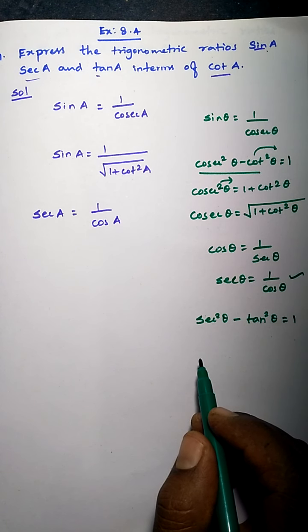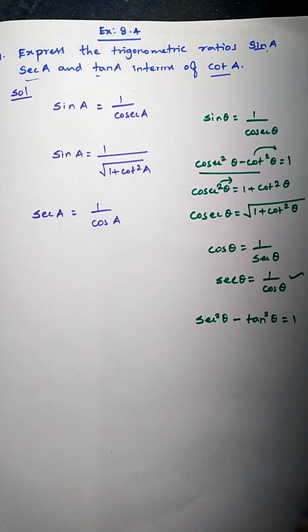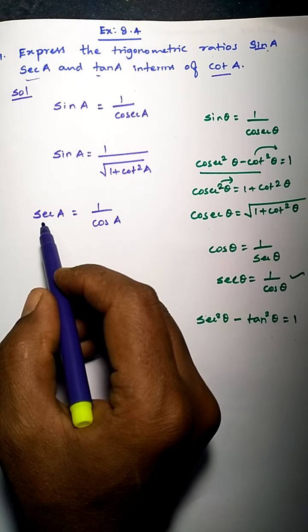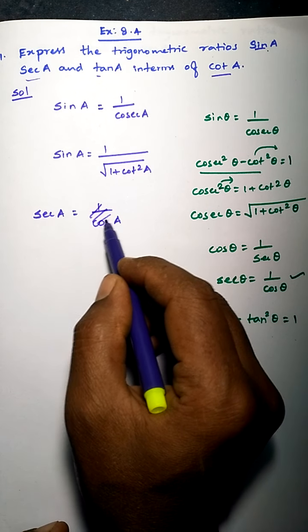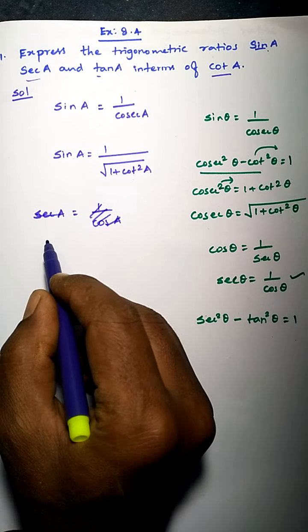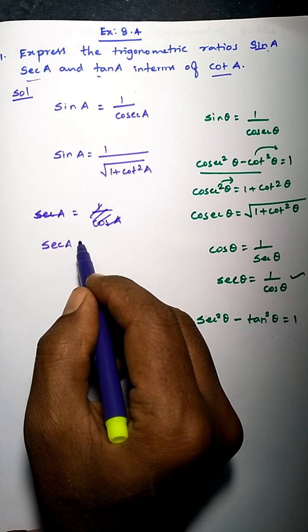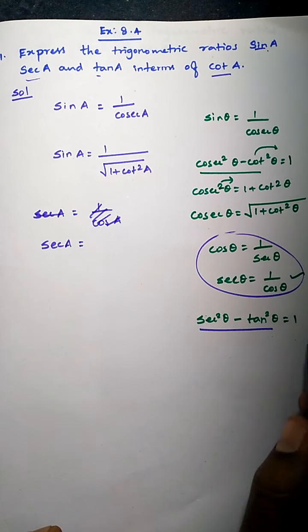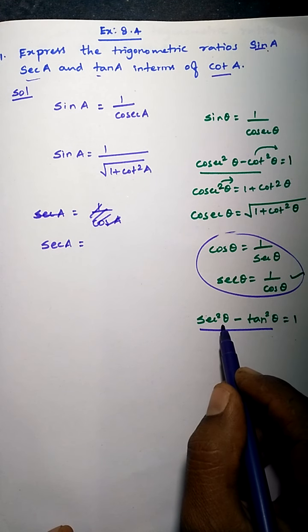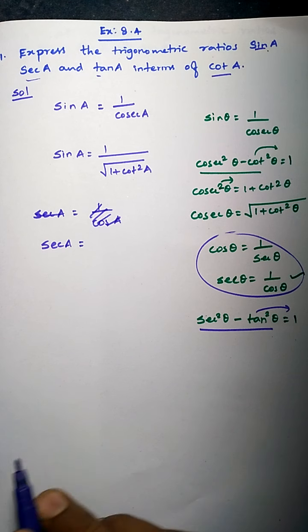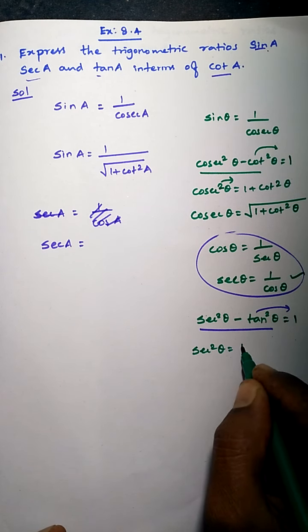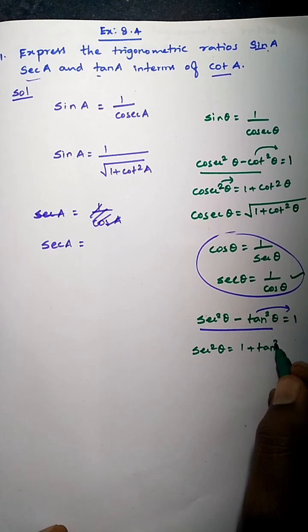Now, since secant is directly given, you don't need to apply the reciprocal formula. Let it be secant A only, because we can find the secant theta value from this identity. So the reciprocal formula is not needed here, just leave it. From the identity, take the minus tan square to the other side, and you get secant square theta equal to 1 plus tan square theta.